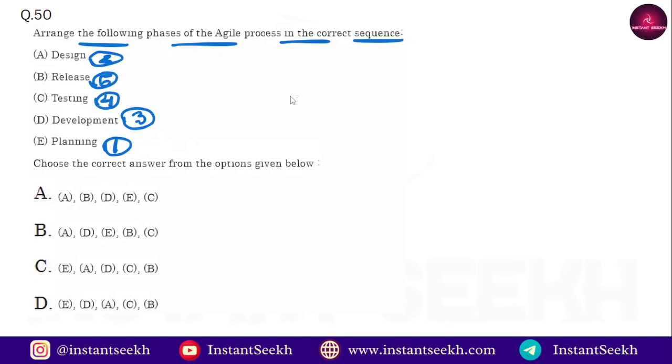So first of all, we do E, that is planning. After that, we do option A, that is design. Then development, that is option D. Then testing, that is option C. And then release, that is option B. So E, A, D, C, B is your right pattern, which is option number C, your correct answer for this particular question.